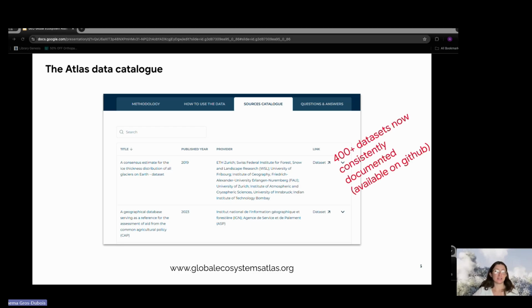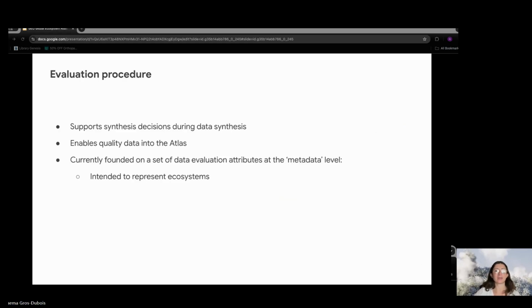It's a growing list that currently consists of over 400 datasets, which anyone can view on the Global Ecosystems Atlas GitHub organization. And each dataset we find is evaluated against key criteria for inclusion to ensure that the data that we ingest is suitable for the atlas. So this includes ensuring that the dataset represents ecosystems.